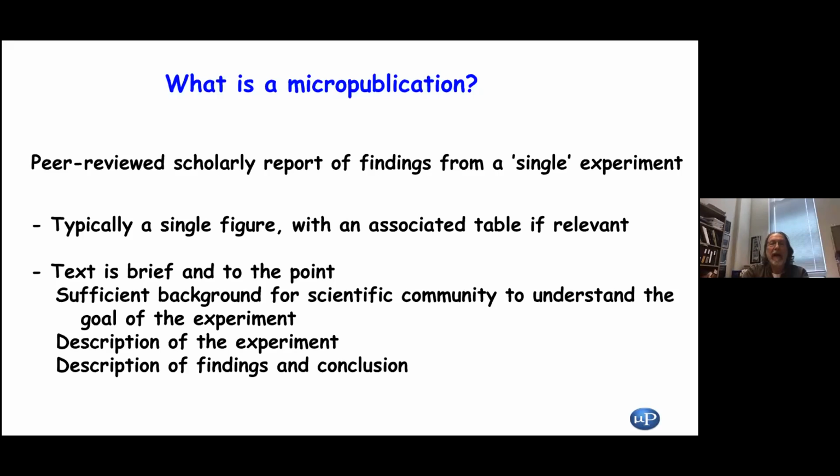micropublications have a single figure or a table that's associated with that. And the figure typically has multiple panels that are showing various different data types, explaining the experiment, giving a summary model, for example, and to really allow the authors to present what they need to, we allow the figure to be up to 2 pages, PDF pages in length.